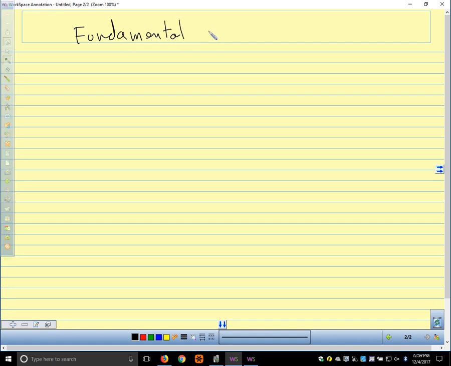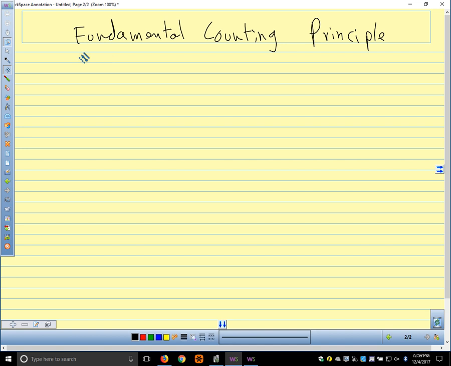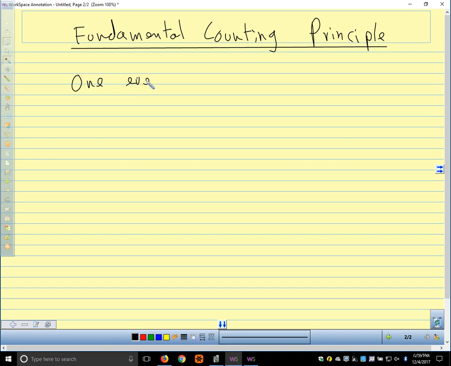We have used the fundamental counting principle, we just haven't made it formal. In probability, we call something that happens or something that we can do an event. So one event can happen M ways. You have 5 shirts.